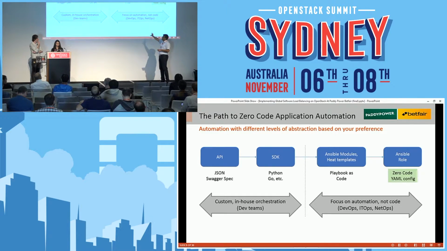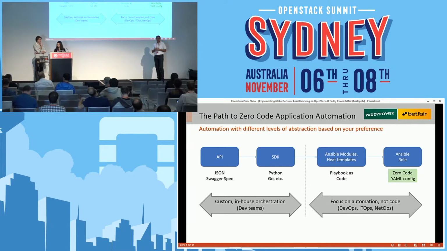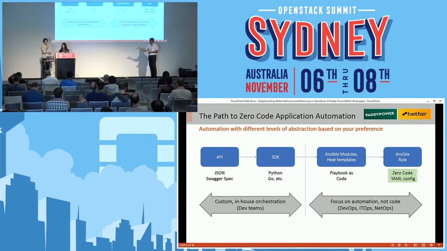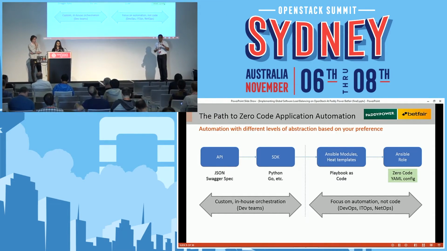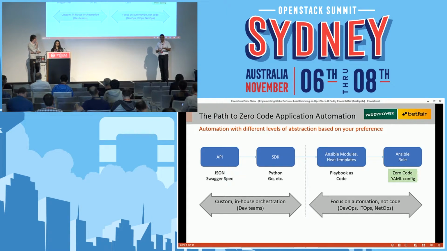And then we also have native integrations into well-known orchestration systems. If you're using Ansible, we have Ansible modules that you can use to program Avi. You can also come in via Heat resources. We have integration with Terraform as well.